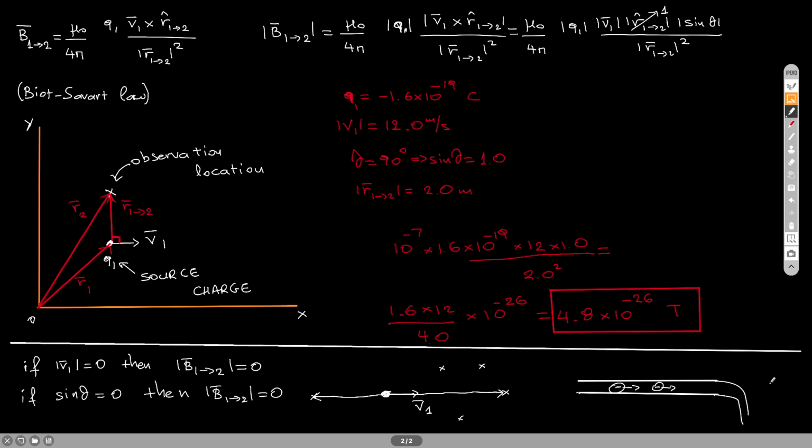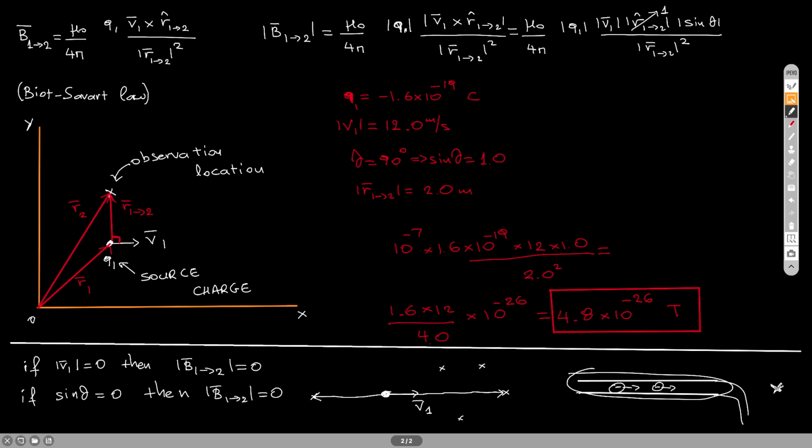If I ask you, what is the magnetic field here from this straight wire? I do want you to remember that all of these moving electrons create no magnetic field on this line.